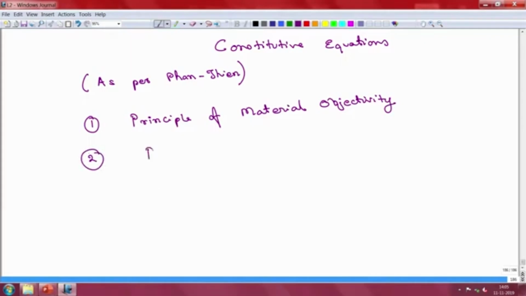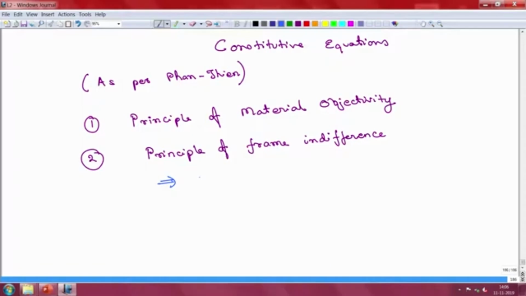Then there is the principle of frame indifference. And Van Thien points out that you cannot obtain a new constitutive equation when there is a change of frame. So the basic constitutive operator should be independent of the frame that you are using. Okay.